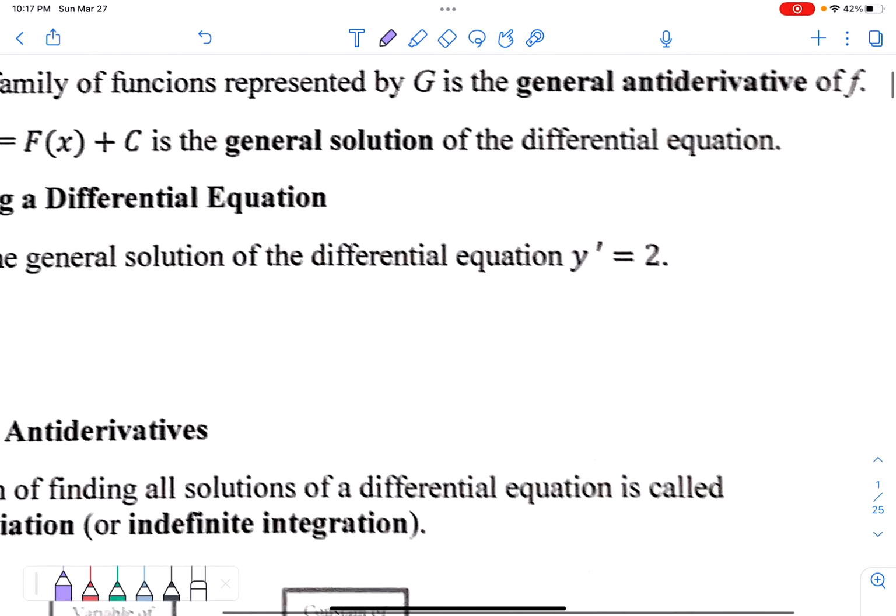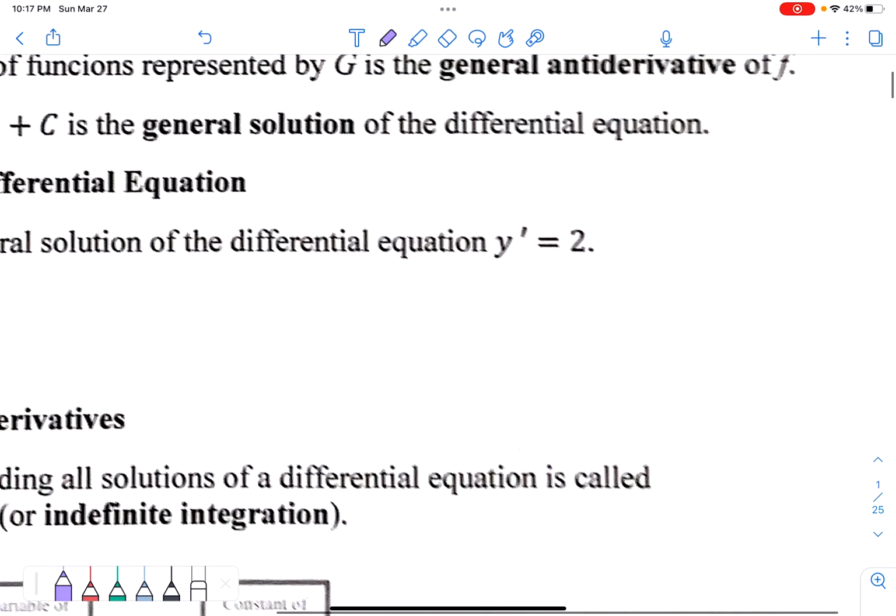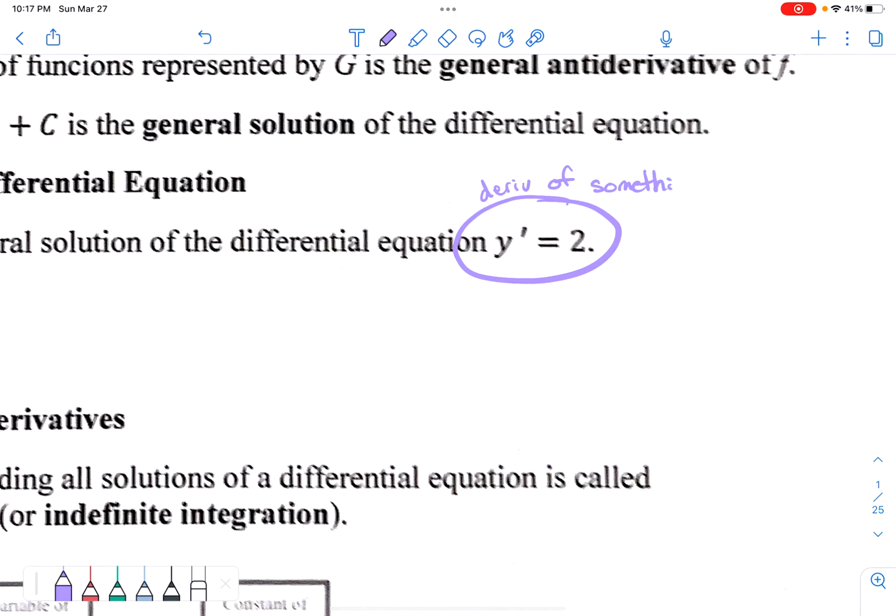So here's the deal. I'm going to go down to this example and I'm going to tell you what plus c means, okay? They're saying y prime is equal to 2. That means the derivative of some function is equal to 2, right? I'm not using any formulas for antiderivatives because we don't know those yet, but I'm sitting here thinking, what would we take the derivative of and have it just give me 2, right?